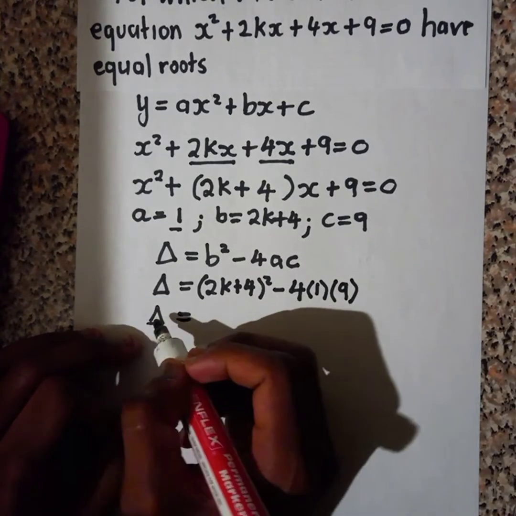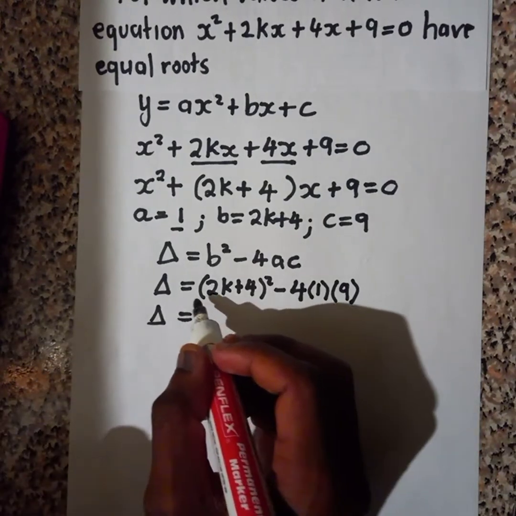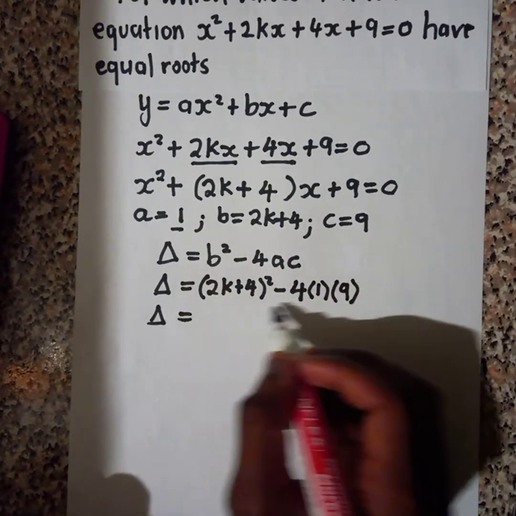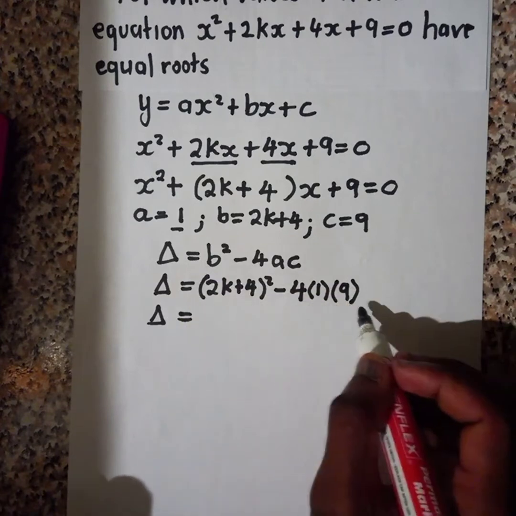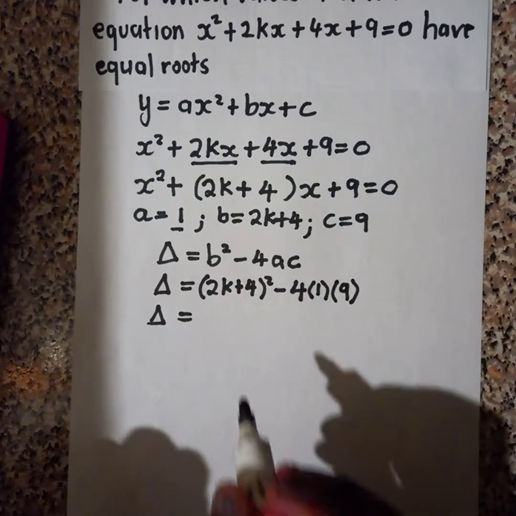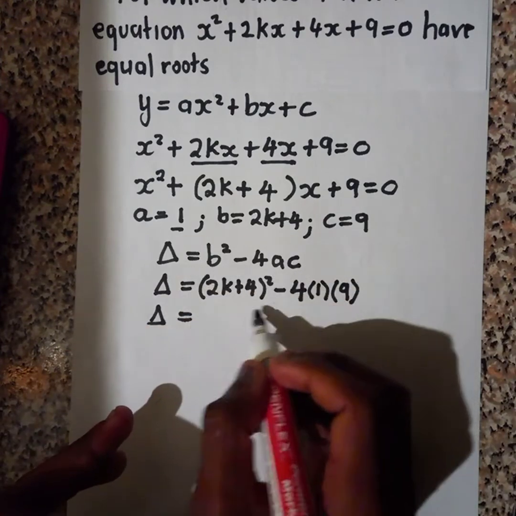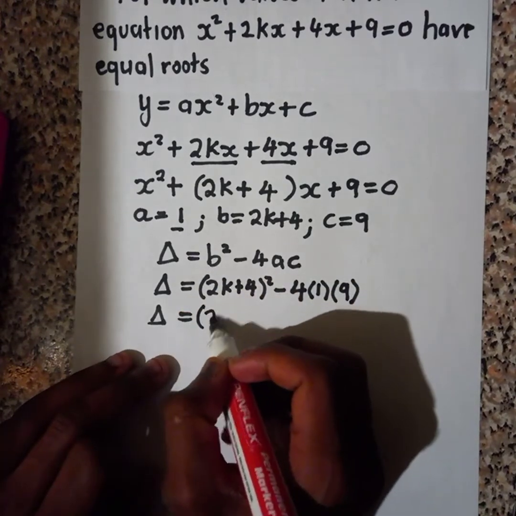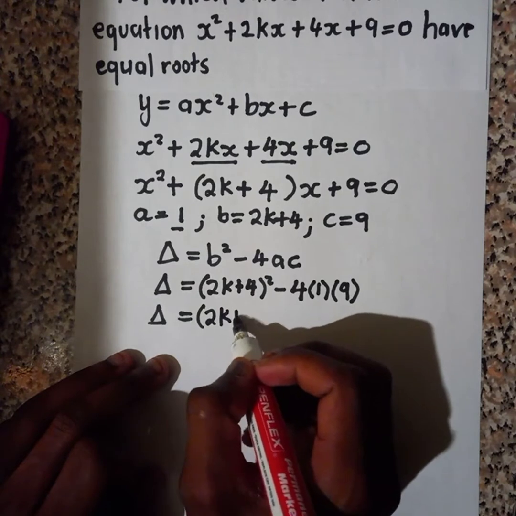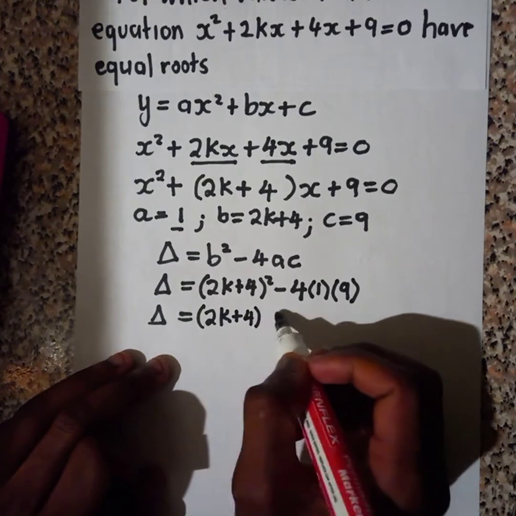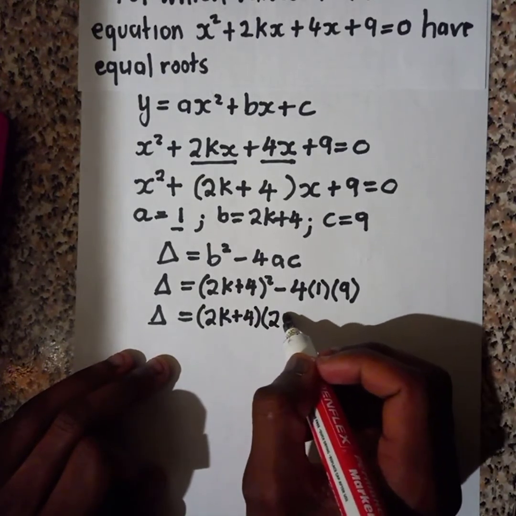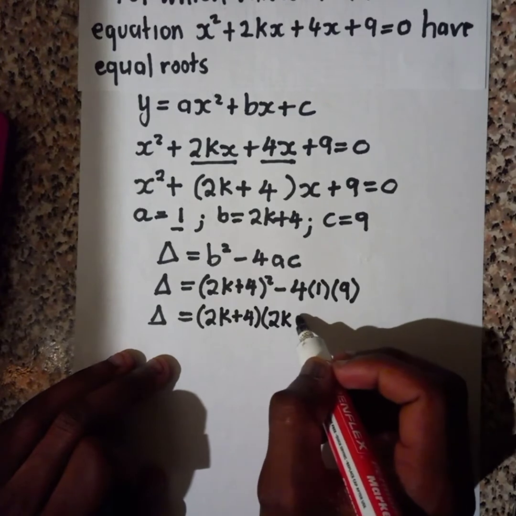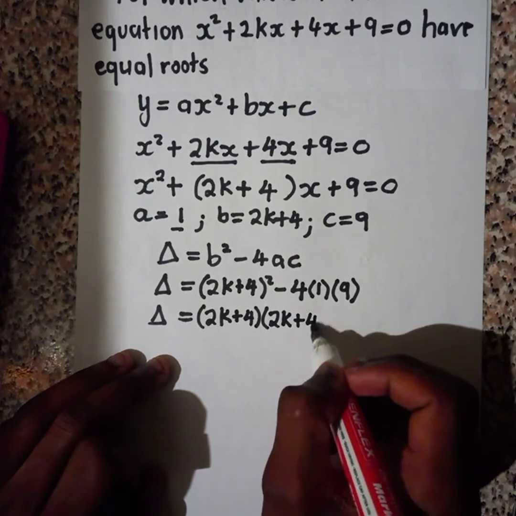Then from here, let us simplify this expression. You'll start by expanding this one to be (2k plus 4)(2k plus 4).